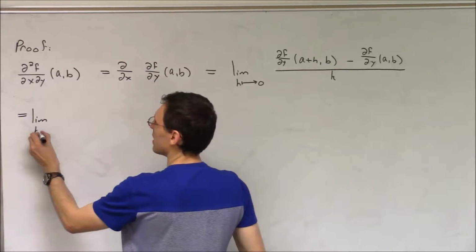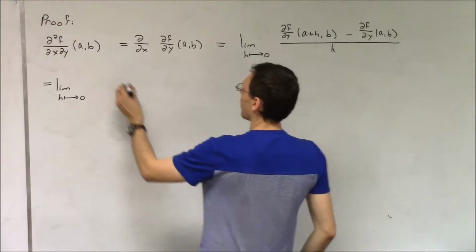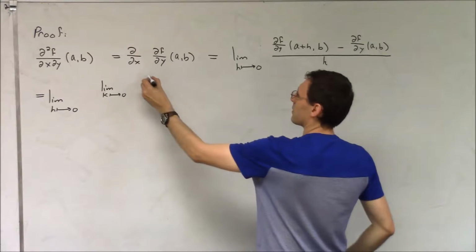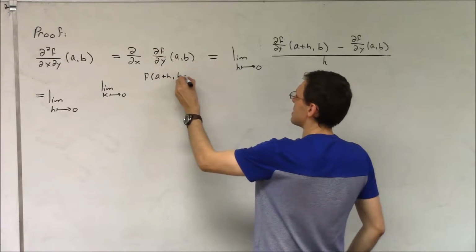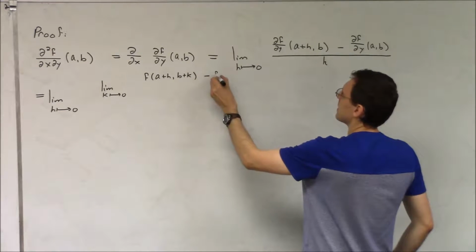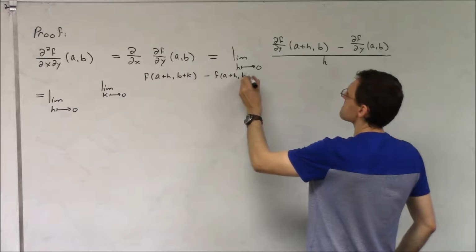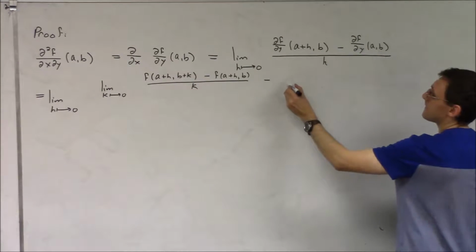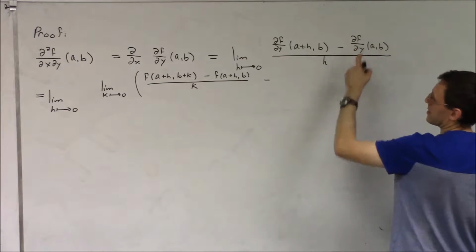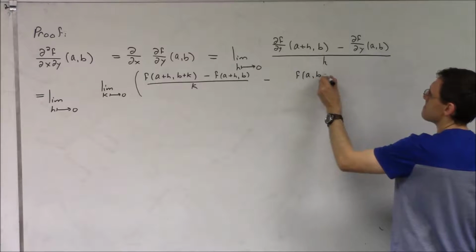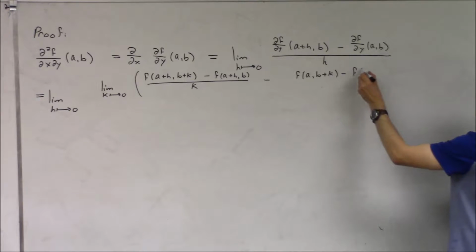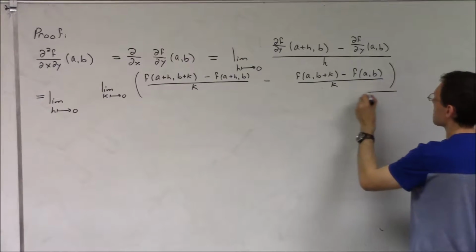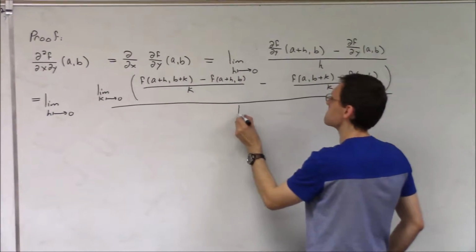This is the limit as h goes to 0 of, now I'm going to look here, the limit as k goes to 0 of the function f at (a plus h, b plus k) minus f of (a plus h, b) over k, minus, I'm pulling the limit out a little bit, so I'm just applying it here as well, f of (a, b plus k) minus f of (a, b) over k, divided by h. So far good?